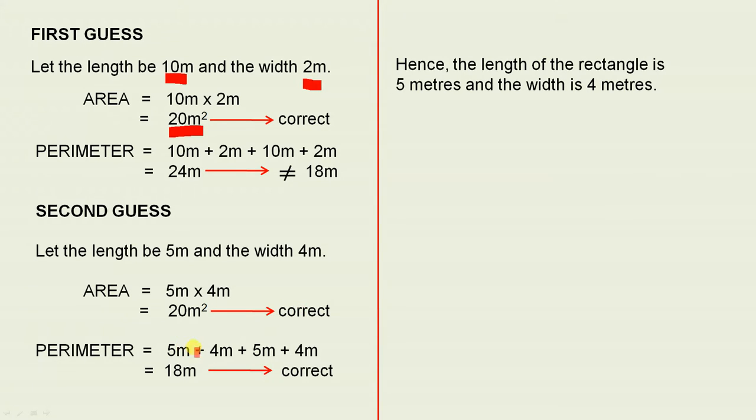The perimeter, 5 plus 4 plus 5 plus 4, that's 18 meters, and that's also correct, because that's what we were given in the problem. Hence, the length of the rectangle is 5 meters, and the width is 4 meters. And they are three examples of how you use trial and error to solve problems.